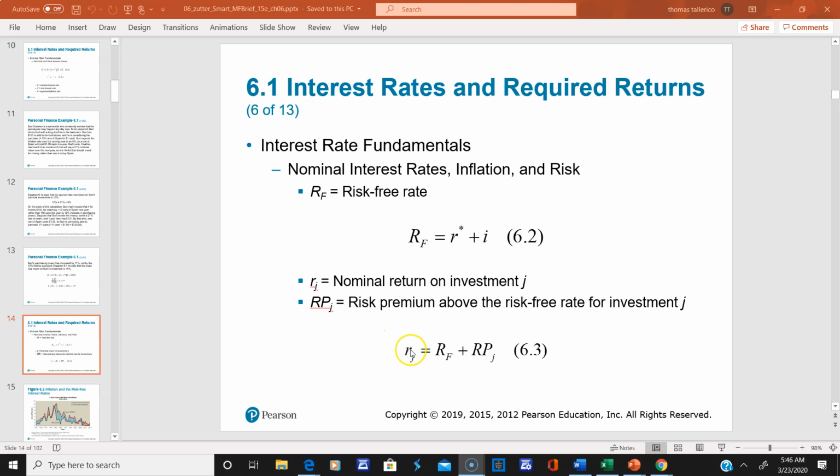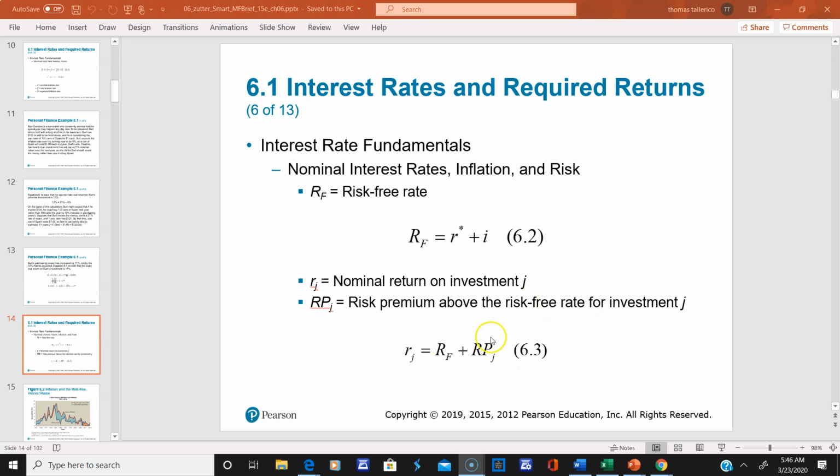So how do we determine the nominal rate? The nominal rate is simply RJ, and that's defined as the risk-free rate right up here, which gets pulled down into here, plus the risk premium above the risk-free rate for investments.